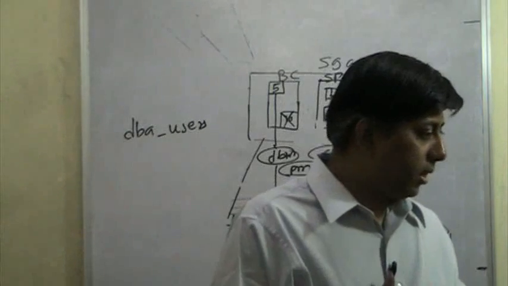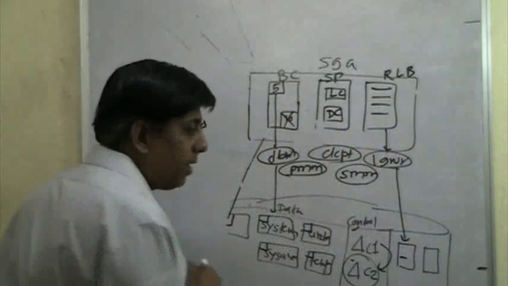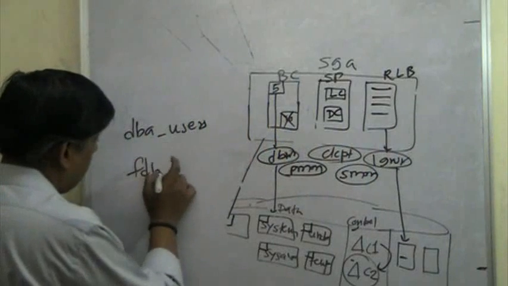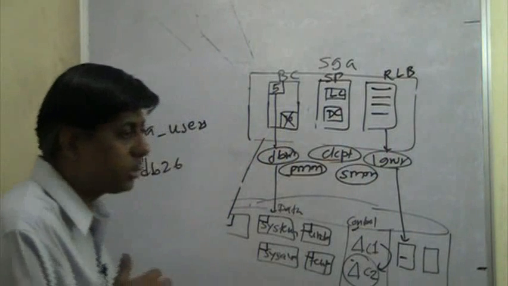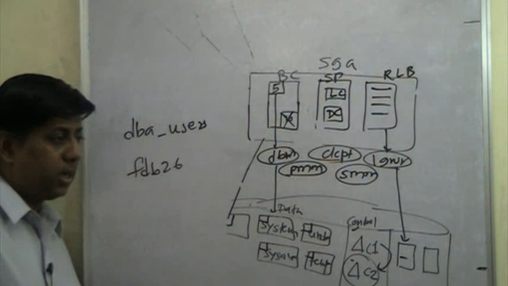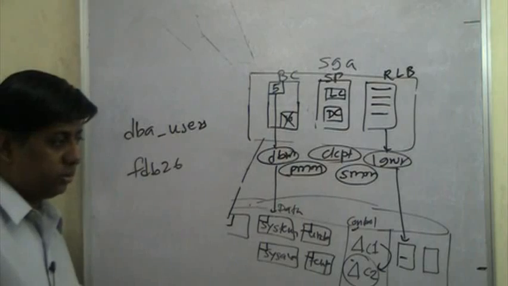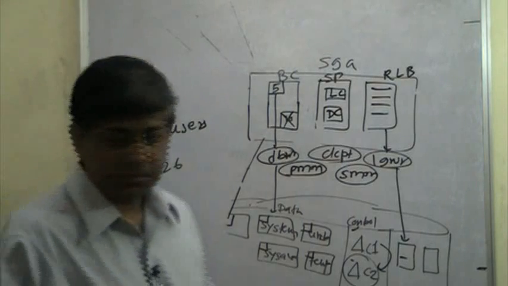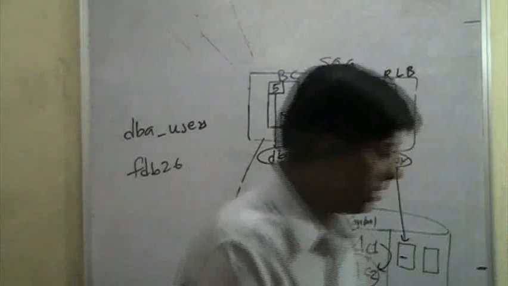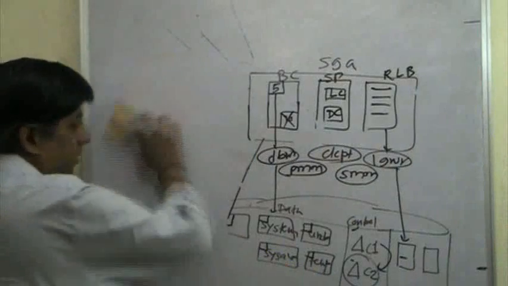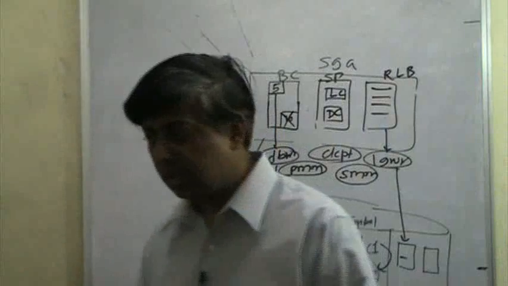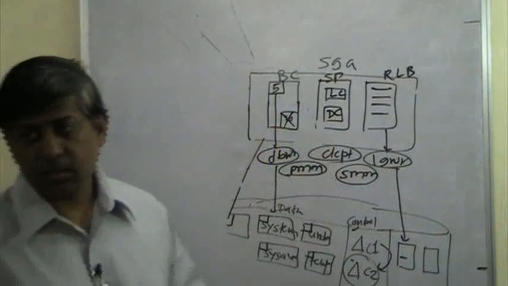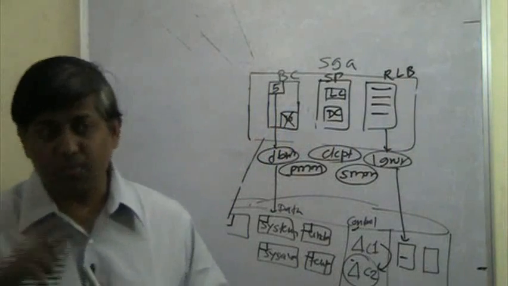Then if you want to connect to a database named FDB26 using SQL Plus, what steps should you do? Export ORACLE_SID equal to FDB26, and then sqlplus user ID/password. So this is one way of doing it.